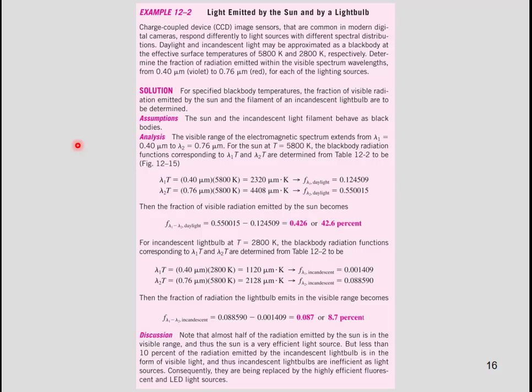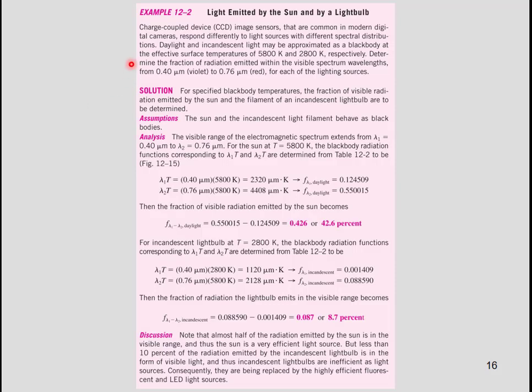For charge coupled device image sensors that are common in modern digital cameras, like your phones, in this example you will understand why, when you are capturing an image with your phone, the amount of light near the object you are going to photograph affects the quality of the photo.